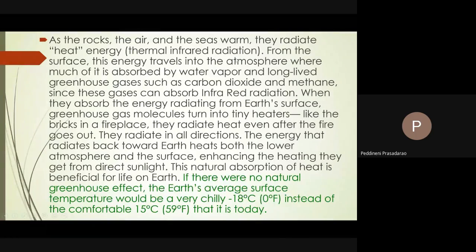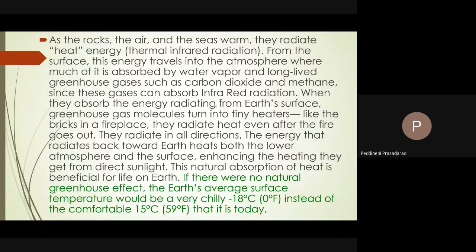So thermal infrared radiation. That means the incoming radiation that we see is visible light, whereas the outgoing radiation is infrared radiation, because we are losing some amount of energy in the form of absorption.